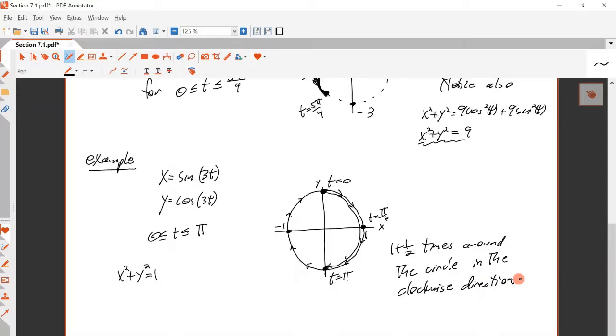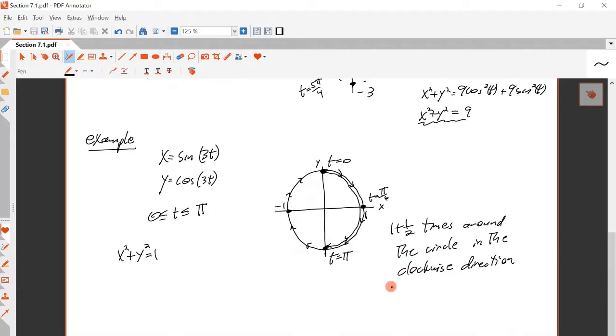Okay, so slight variation on that. And notice, what is the effect of having the 3 here? The effect of having the 3 is that you move faster around the circle.